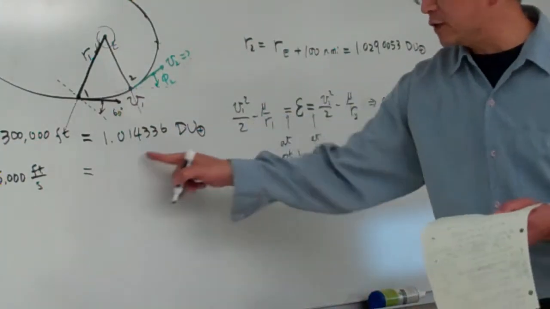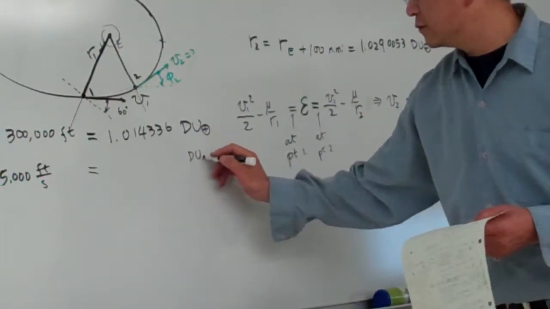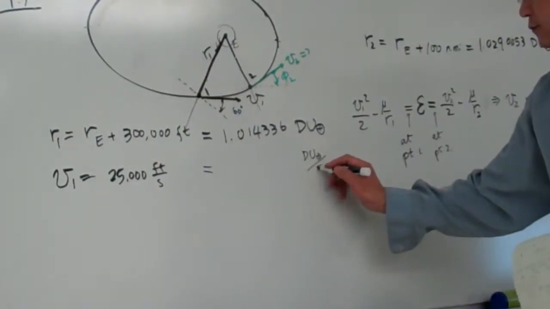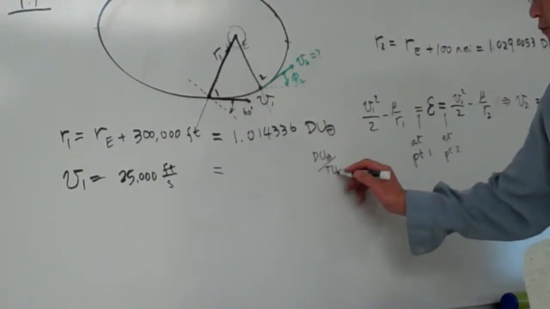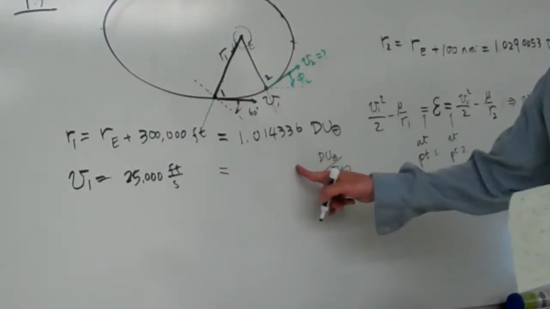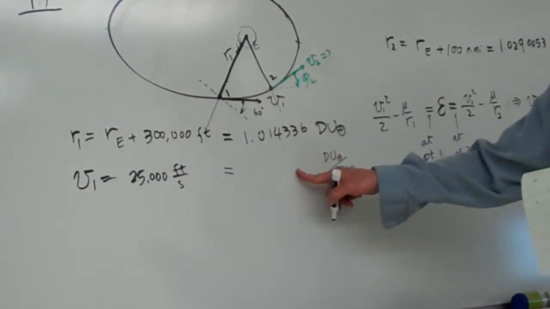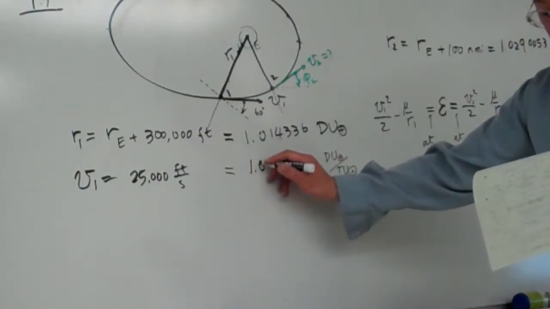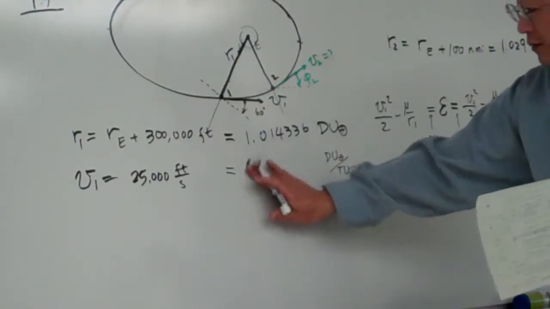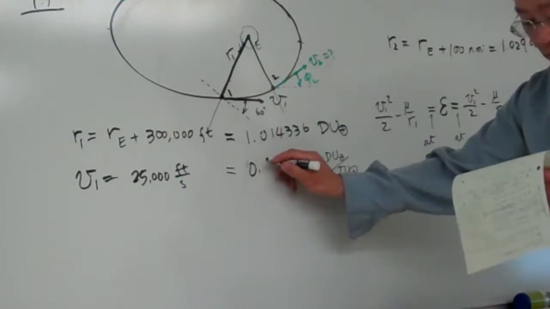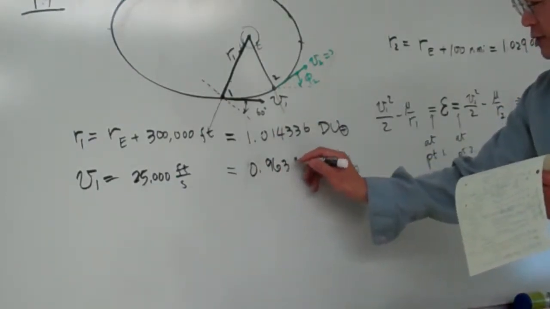V1 we convert into the DU/TU. Check using the tables, using Appendix A, and that is 0.9639.